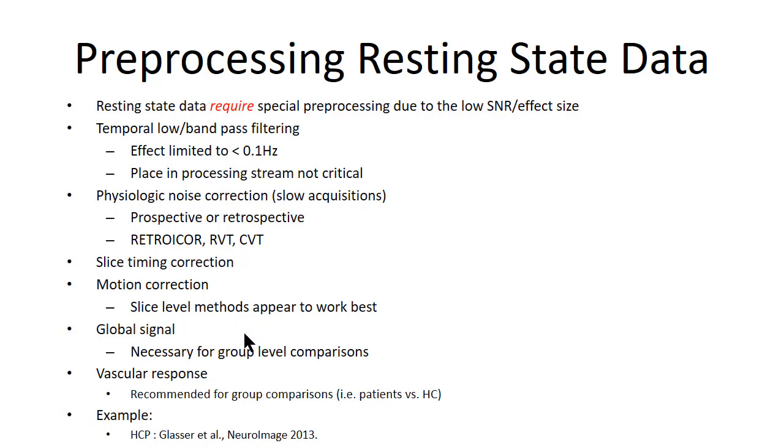This is normally done by using partial correlation, but there are other ways to do this as well that are in the literature. Another thing to point out, which is true for all BOLD techniques, is that there are some patient populations that have compromised vasculature and will have a different vascular response given a certain amount of neuronal activation. There are ways that have been presented to deal with that as well.